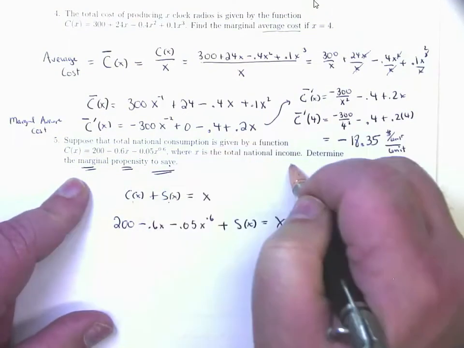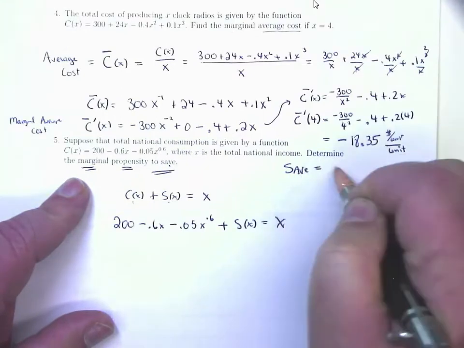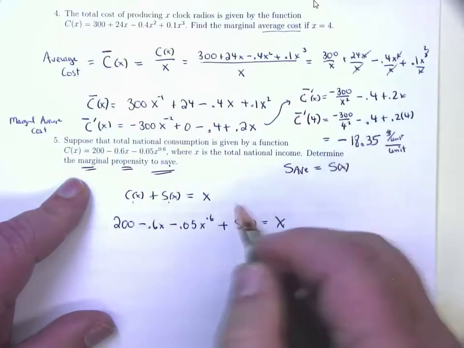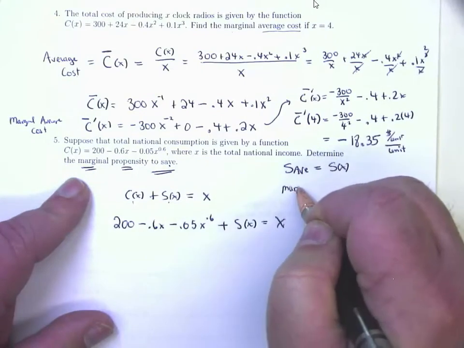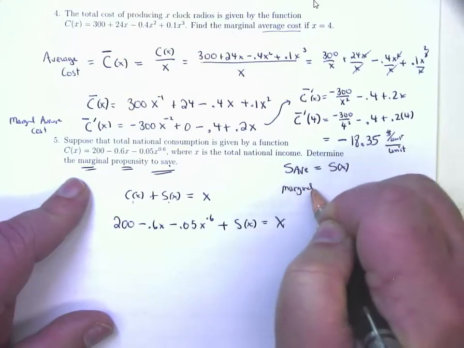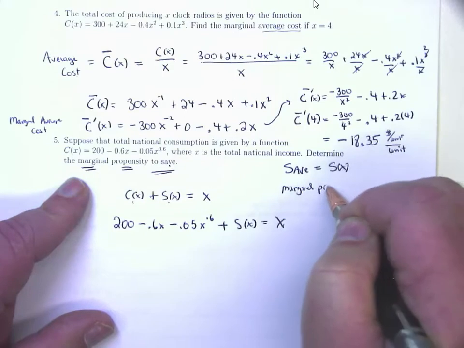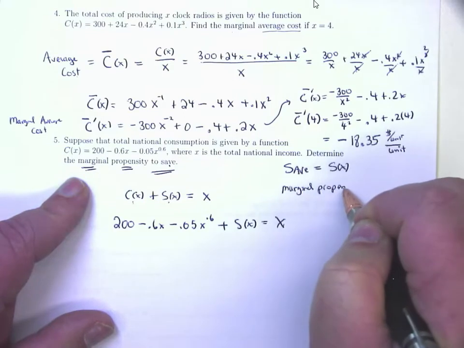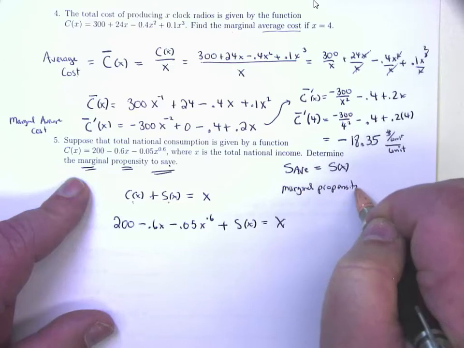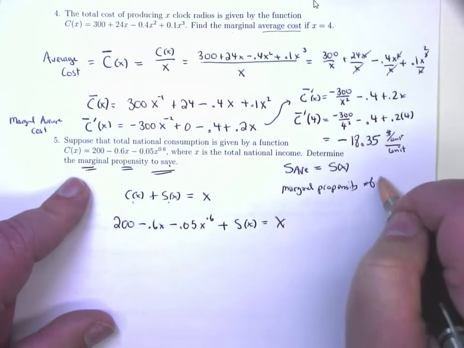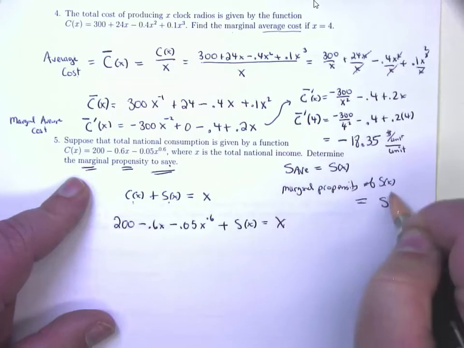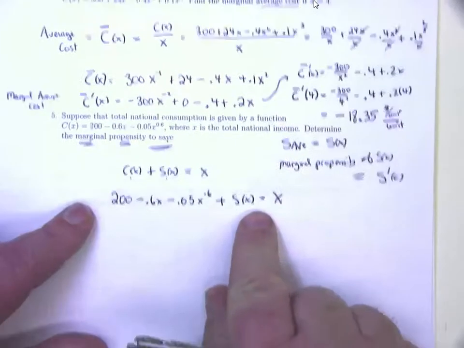Save, that's your key word right there, is your S of x. And marginal propensity means what? You got it. Marginal propensity is the idea of the derivative, so to save would be S prime of x.